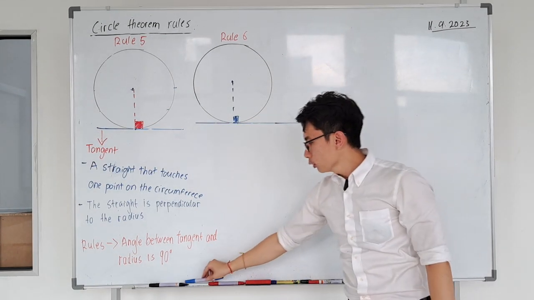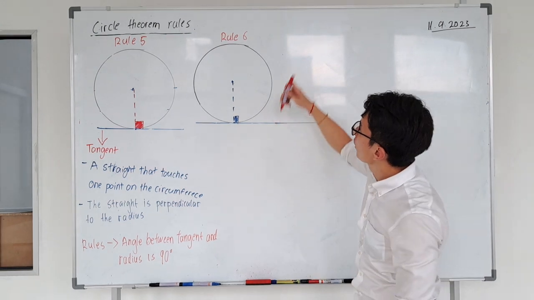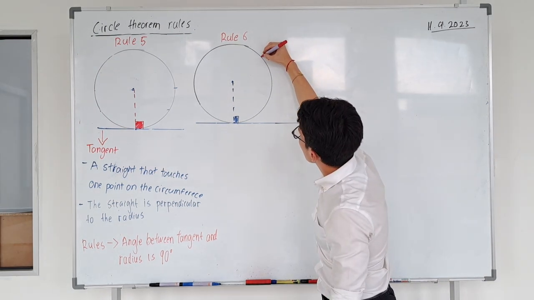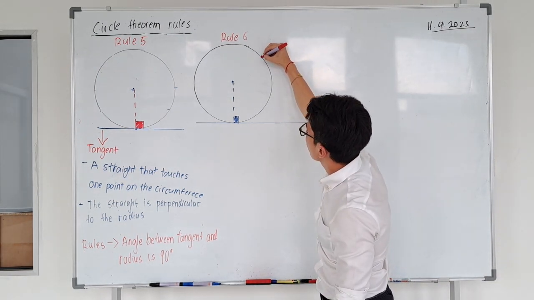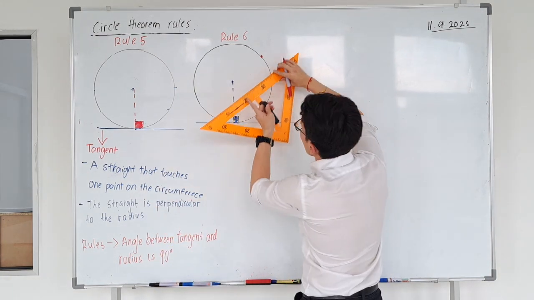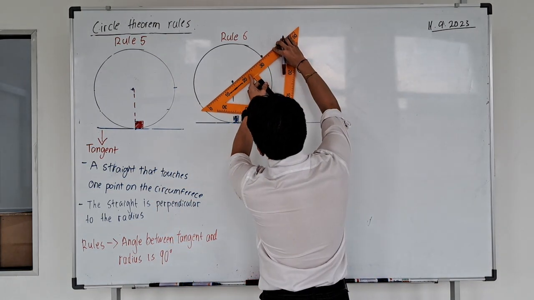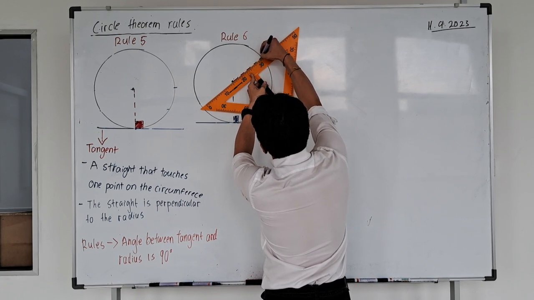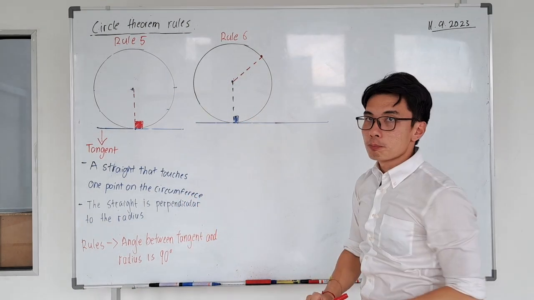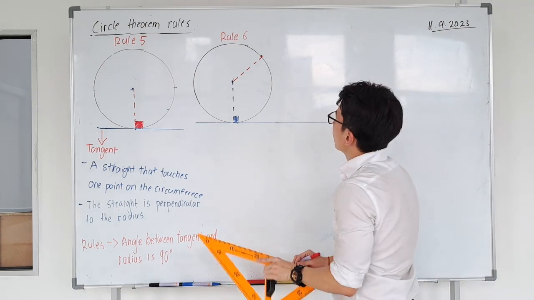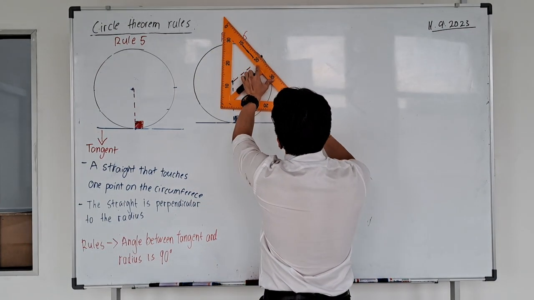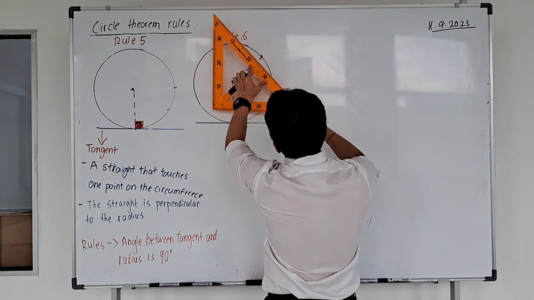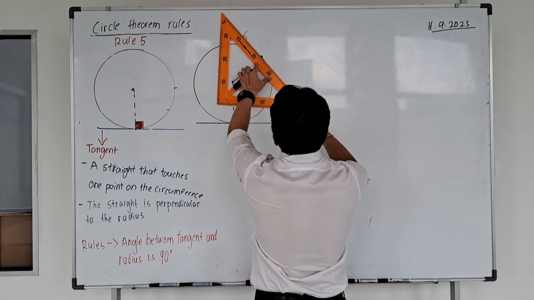Okay, and now I'm going to draw another tangent. I'm going to choose this point. You can choose any point you like, but I'm going to choose this point over here. First I'm going to draw my radius, and because I want to make sure that my tangent is perpendicular to the radius, I'm going to try my best to draw a tangent out of this.